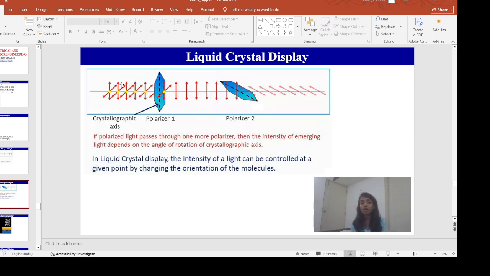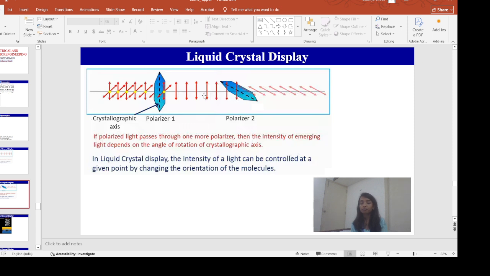Now, I told you we had the unpolarized light wave. When I pass it through polarizer 1, only the vibrations that are parallel to the crystallographic axis of this first polarizer come out, and we call it a polarized light wave. Now we have a second polarizer over here.